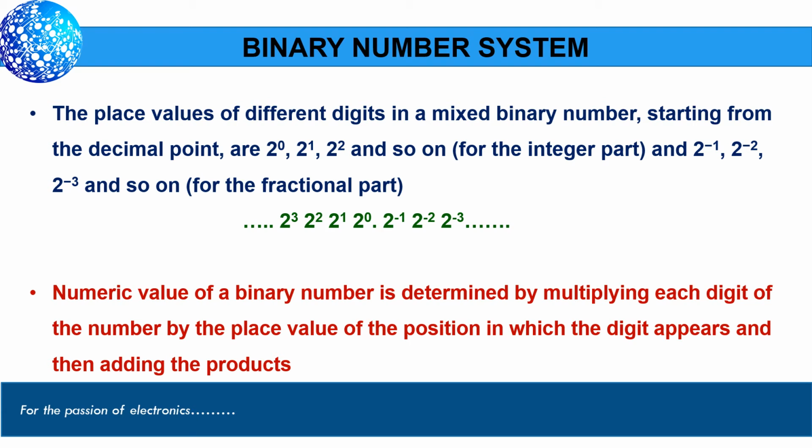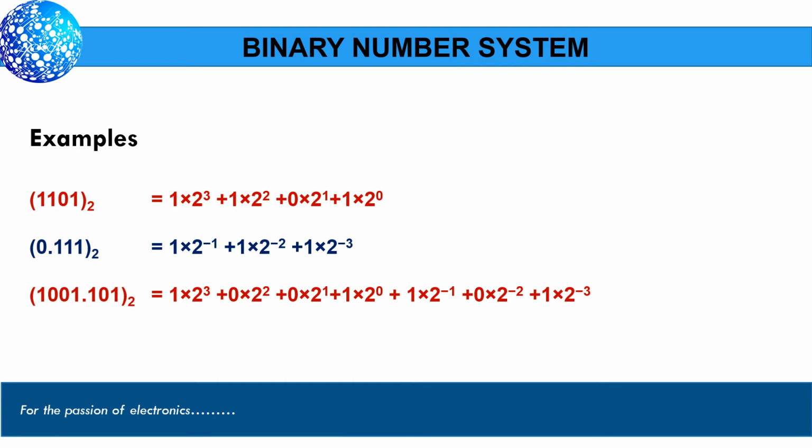Like in the ones place, we'll have 2 raised to the power 0. And then the numeric value is calculated by multiplying each digit by the place value of that position. And then we add all the products.